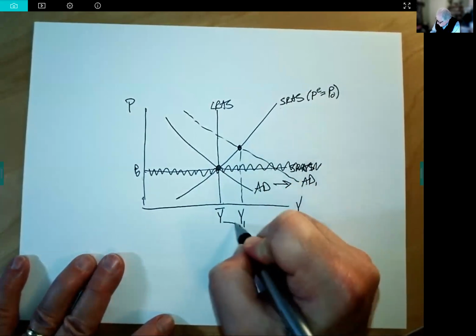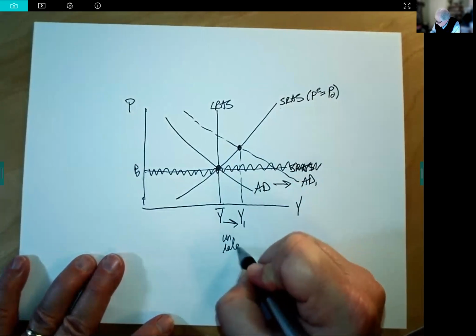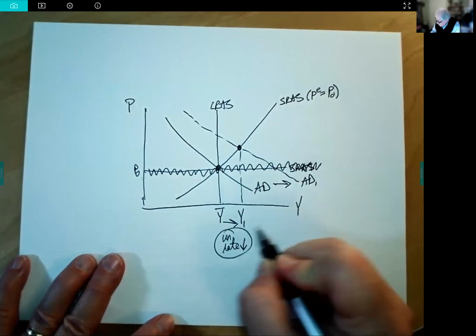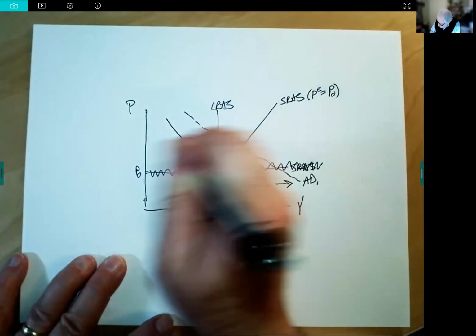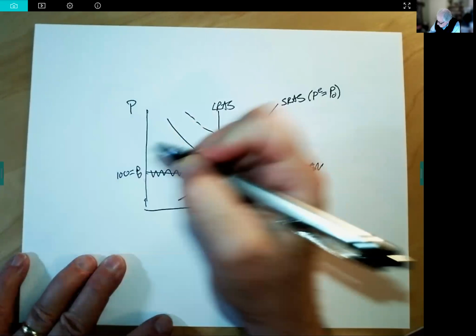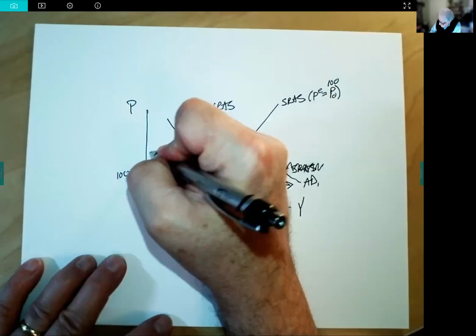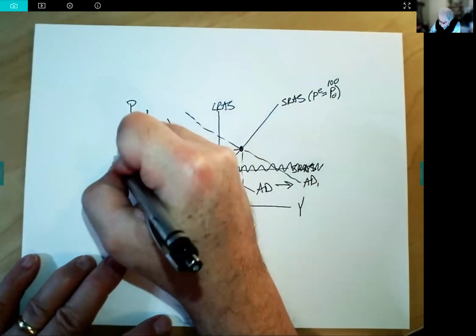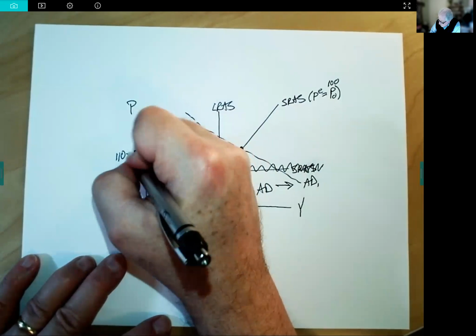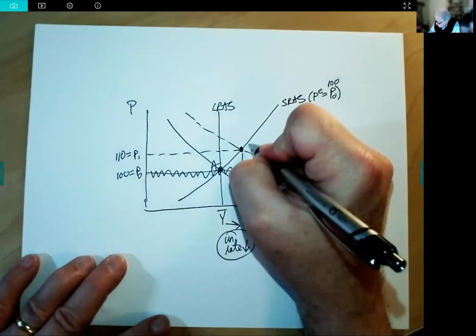So real GDP increases, the actual unemployment rate goes down, and the price level, let's say this was 100, the CPI. We're expecting a price level of 100, and instead the price level turns out to be, I don't know, 110. It's bigger than 100, it's up here. We go from A to B.